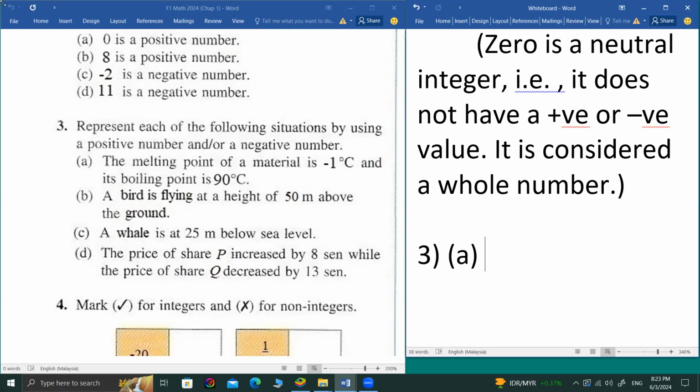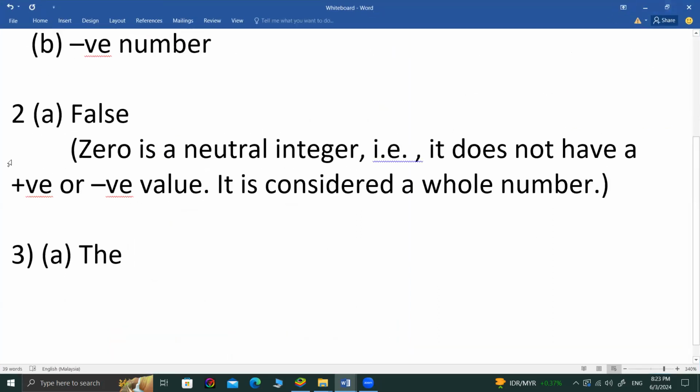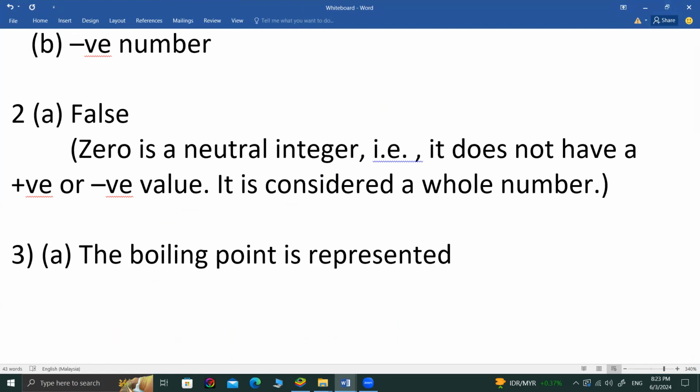So you tell that the boiling point... -1. No need to write the unit, it's okay. Cannot, it's not wrong. But if your school teacher wants you to write the unit, then you follow. Understand or not? Can write or without writing is accepted.